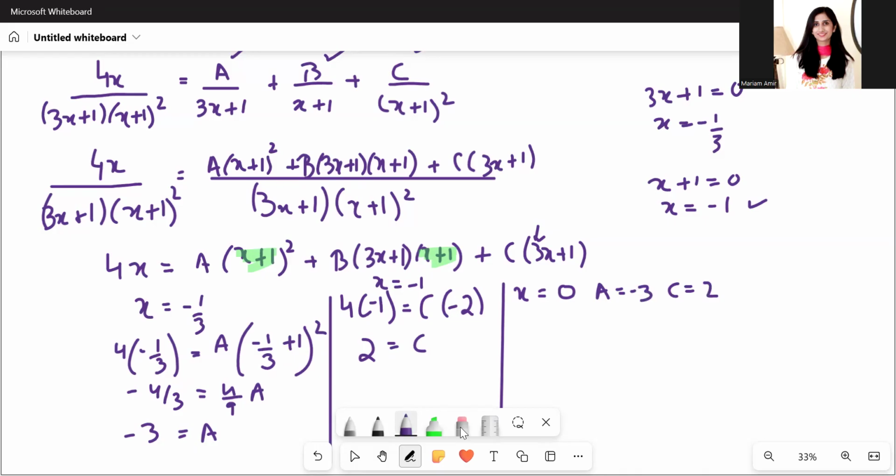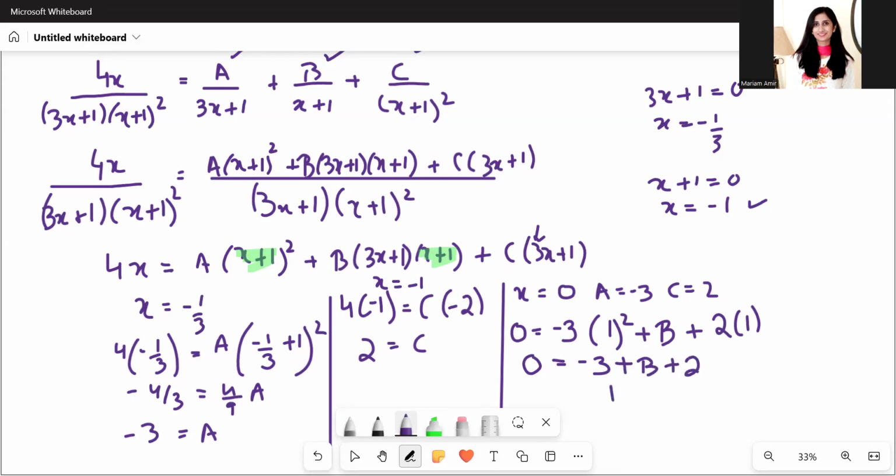So when x is 0, the left-hand side becomes 0 equals negative 3 times (0 plus 1) squared, which is just 1 squared, plus B. And when x is 0, the brackets become 1 times 1, which is just 1. So B gets multiplied by 1, plus C is 2 and 2 times 1. Okay, so we are getting 0 equals negative 3 plus B plus 2. So we're getting B equals 1.